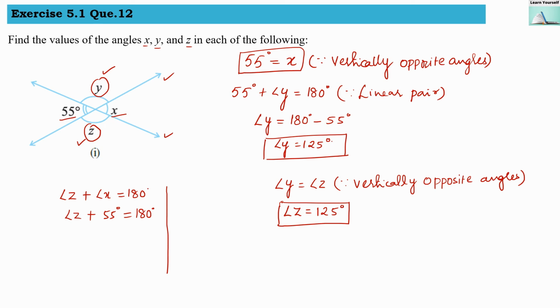So first we get the measure of angle Z, that is 125 degrees, and from this we can write that angle Z equals angle Y because they are vertically opposite angles, and later we find that angle Y equals 125 degrees. Both of these methods are correct and you can follow either of them.